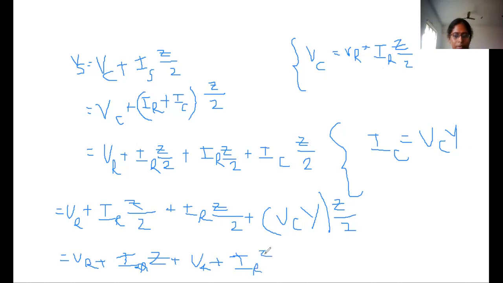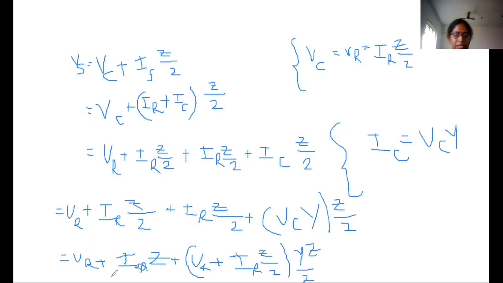Here is the Vc value, we can substitute here: Vr plus Ir into Z by 2, into Y into Z by 2.